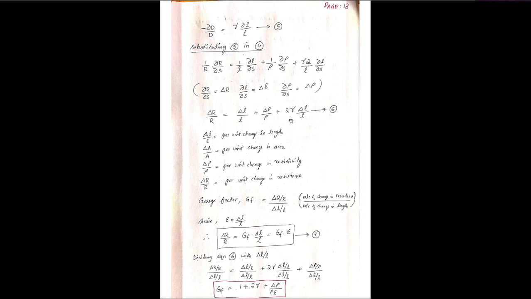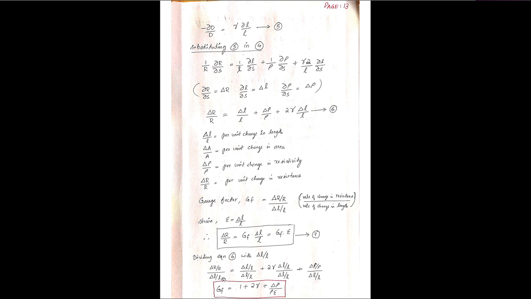Okay. So here we have equation number 6. Dividing equation number 6 by delta L by L, we get delta R by R divided by delta L by L, which is equal to delta L by L divided by delta L by L, plus 2 nu into delta L by L divided by delta L by L, plus delta rho by rho divided by delta L by L. Here, delta R by R divided by delta L by L is the gauge factor.